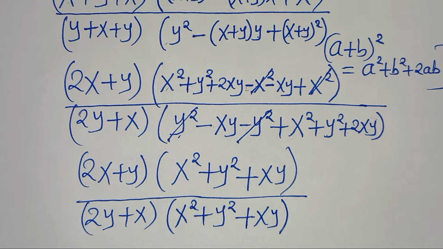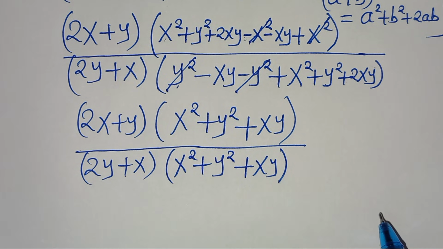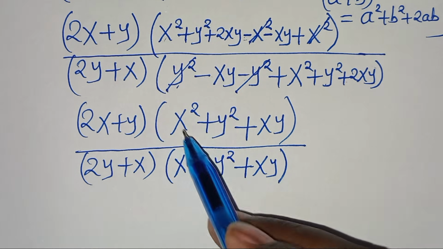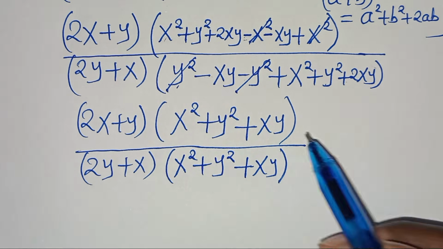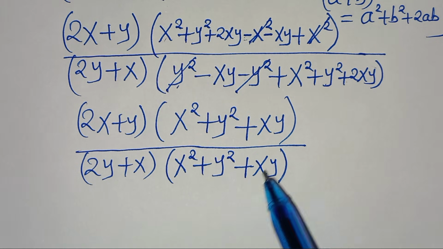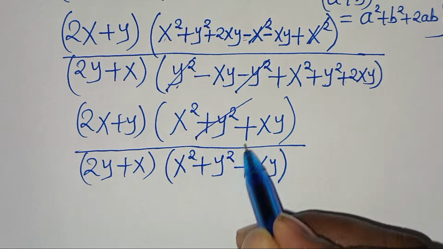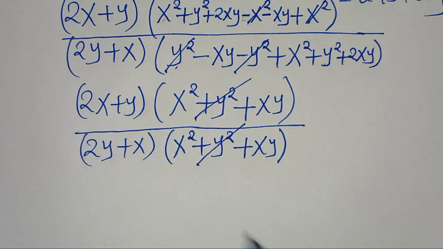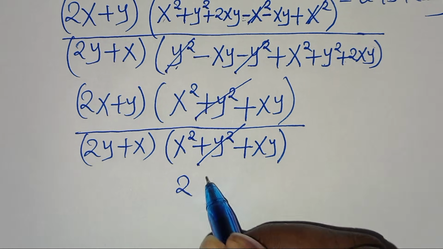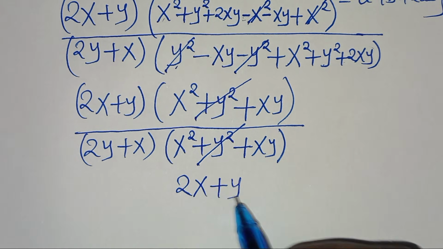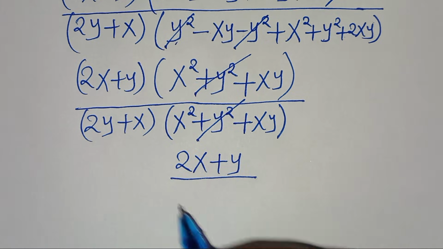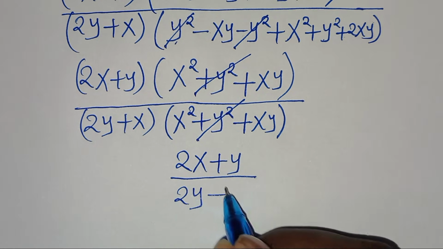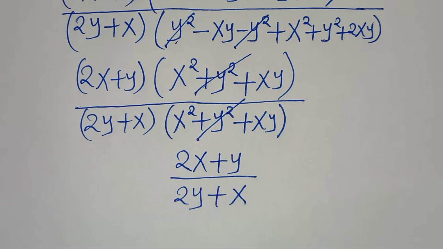So we have x squared plus y squared plus xy, which is the same as what we have in the numerator. So we can simplify this part, and therefore we have (2x plus y) divided by (2y plus x).